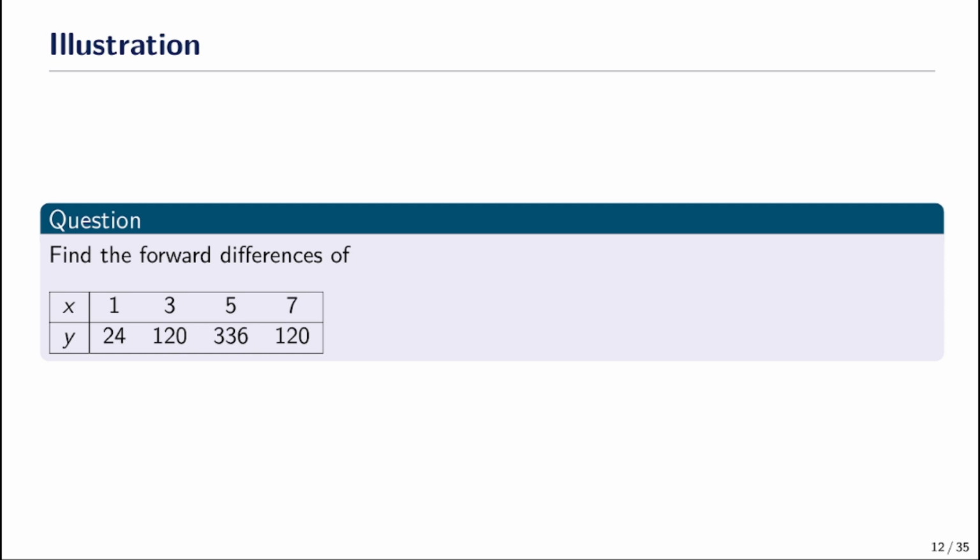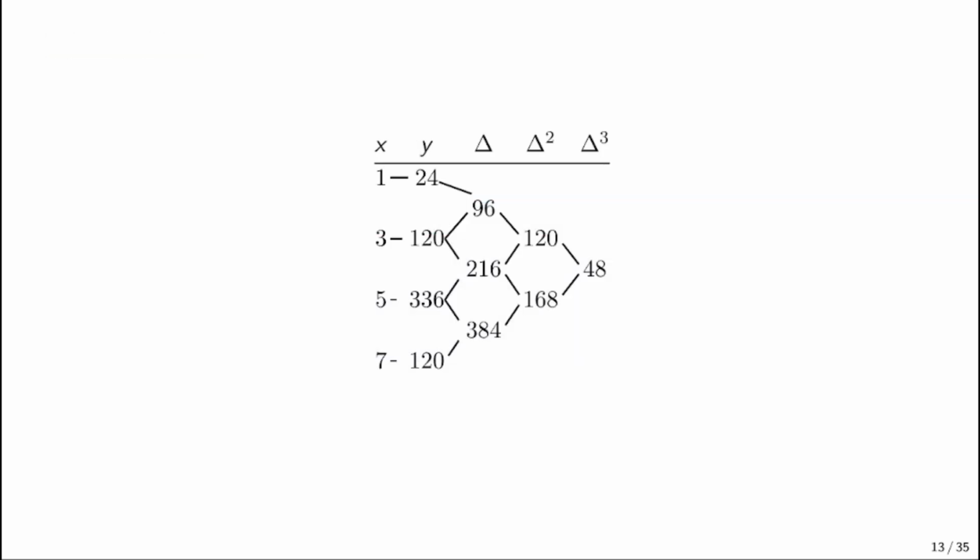Let us construct the forward difference table for this data. It is clear that delta y0 is y1 minus y0, that is 120 minus 24, which is 96. Delta y1 is 336 minus 120, which is 216, and delta y2 is 384.